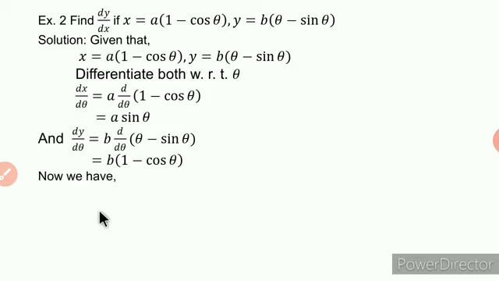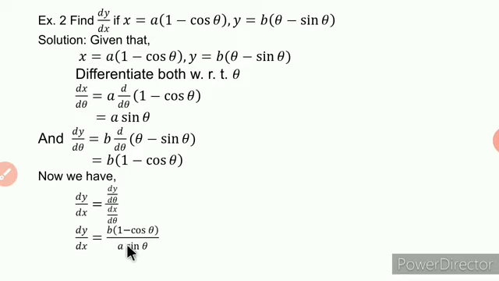Now we have dy by dx is equal to dy upon d theta divided by dx upon d theta. Substituting both the values, we get dy by dx is equal to b multiplied by 1 minus cos theta divided by a multiplied by sin theta.